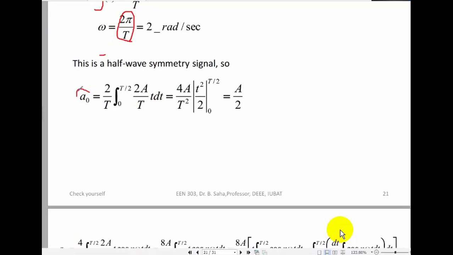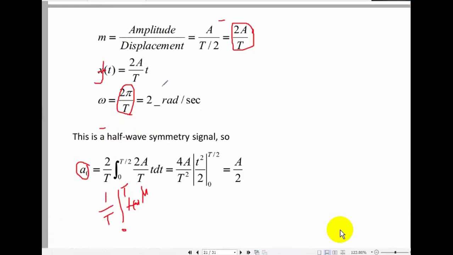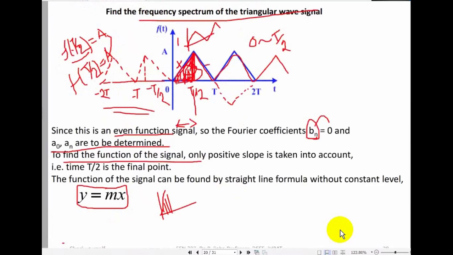Now a0 equals 2 by T. Why 2 by T? It was 1 by T, integration 0 to T of f of t dt. This was the equation, right? Here T is how much? T by 2, the maximum limit is T by 2.